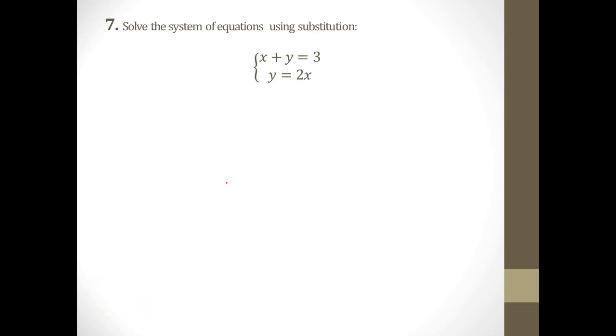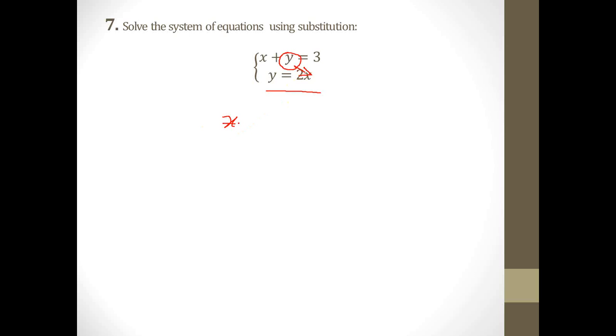Okay. All right, we have another system of equations, and this time it's actually telling me to solve by substitution. I already have one of the equations solved for one variable, so my next step is going to be again to substitute the y for its value, which in this case is 2x.